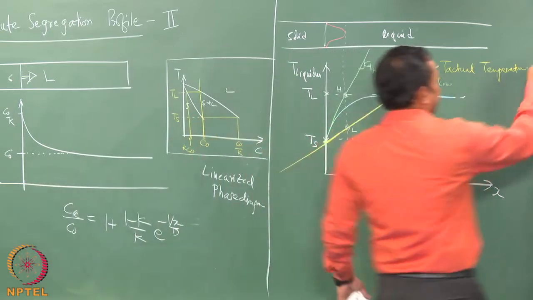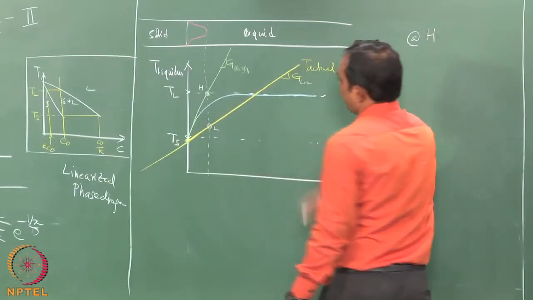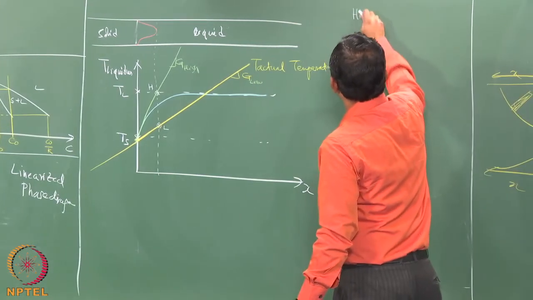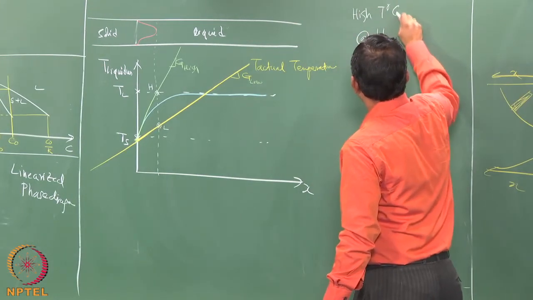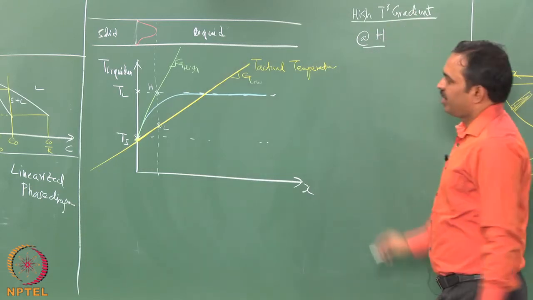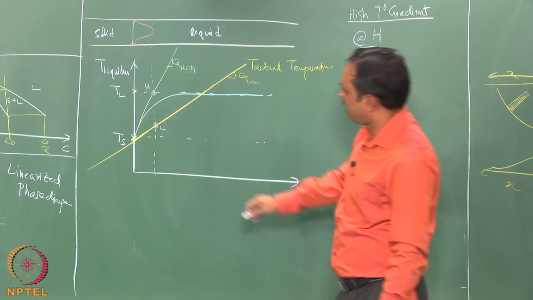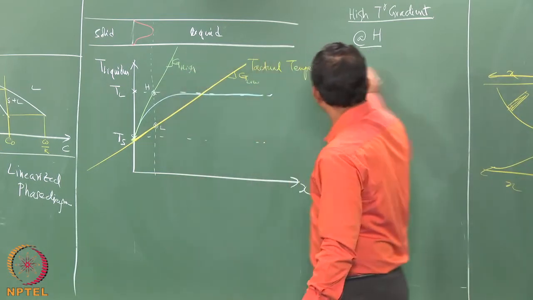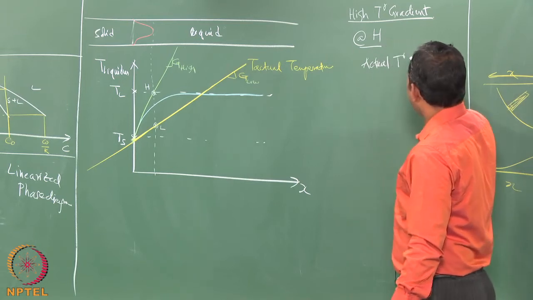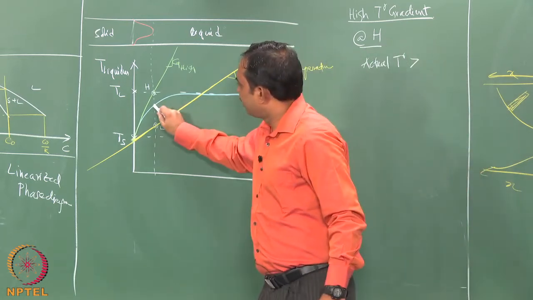Okay, and we can inspect what is happening at these 2 points. What is happening at H? That is the situation where there is a high temperature gradient. Under this situation at H, what is happening is that the actual temperature is higher than the liquidus temperature.